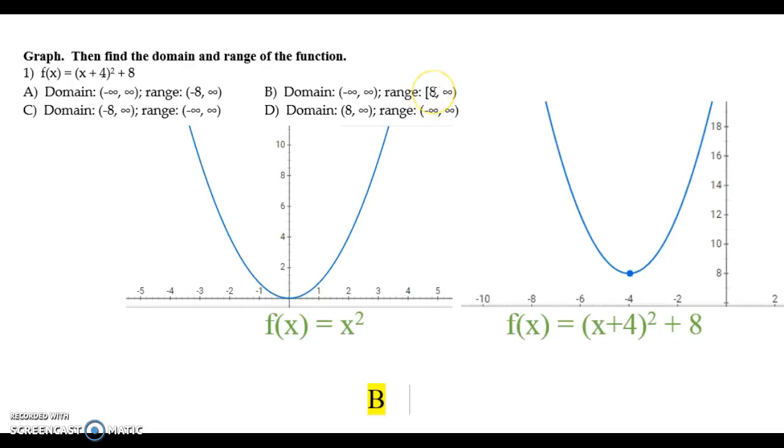We'll encounter situations like this later in the class when we have asymptotes and our graph gets really, really close to a value, but never quite reaches that value. So that's why we have to use parentheses instead of a bracket. And with infinity, we always use parentheses because infinity is not an actual number. You're never actually going to plug an x value in here and get the result of infinity. So we never actually reach this number, so we use parentheses with infinity.